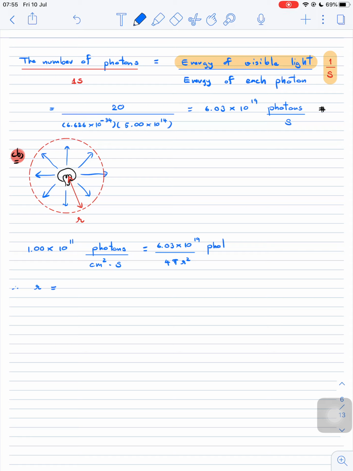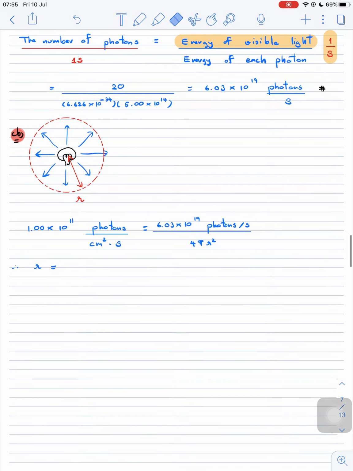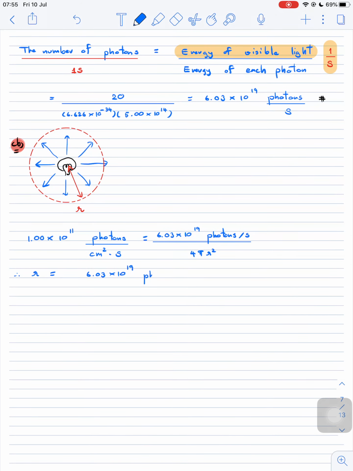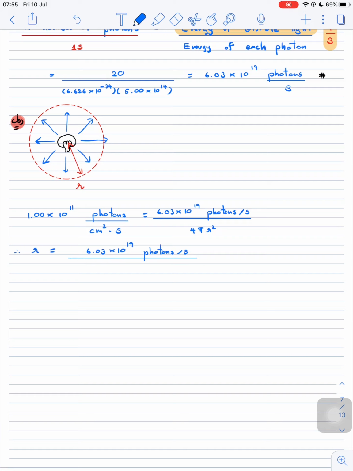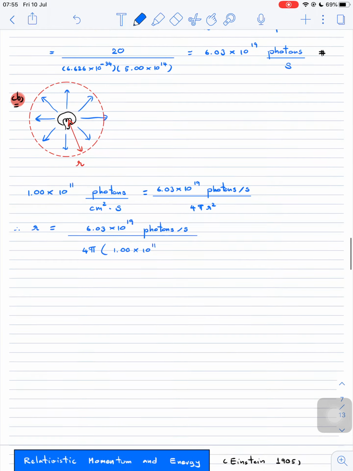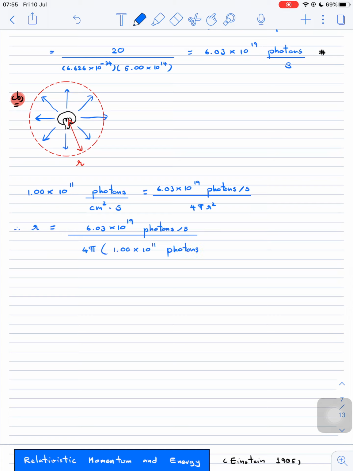We have r squared equal to the numbers: 6.03 times 10 to the 19 photons per second, over 4 pi times 1.00 times 10 to the 11 photons per square centimeter per second.